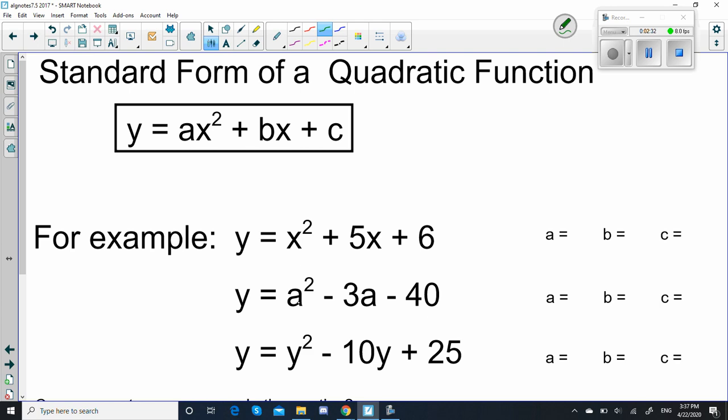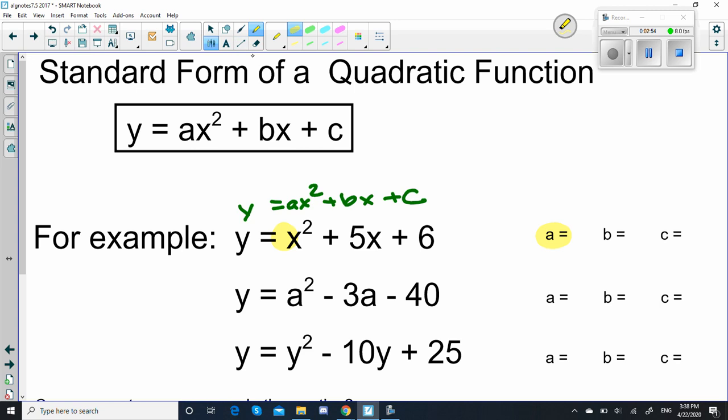So I've got 3 examples of equations or quadratic functions that are in standard form. Okay, if I write it on top here, y equals ax squared plus bx plus c, I can go over here and look to see what my A and my B and my C is. So my A would be the number in front of x squared.